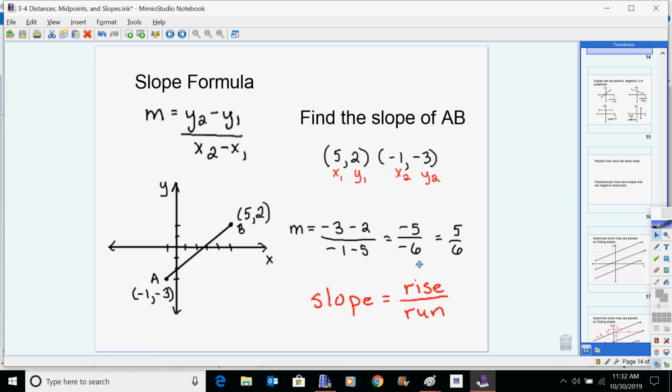This is a slope. And if you reversed, that's what I meant to say. Sorry, it's okay. I wanted to say that because sometimes people do get confused. I thought you knew, but I just wanted to make sure in case somebody else. So if you reversed this and you did 2 minus -3, you'd have a +5, and 5 minus -1 would give you a +6. It would still give you positive 5/6. So good. Yes, you can reverse them.